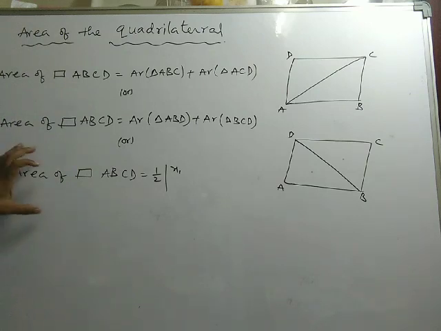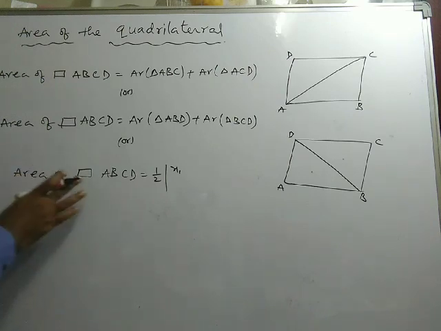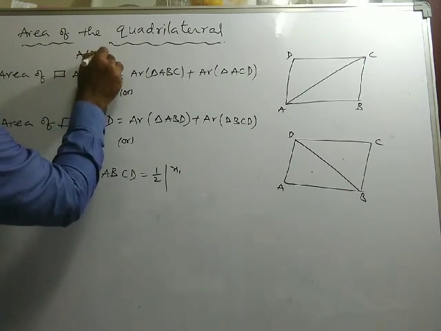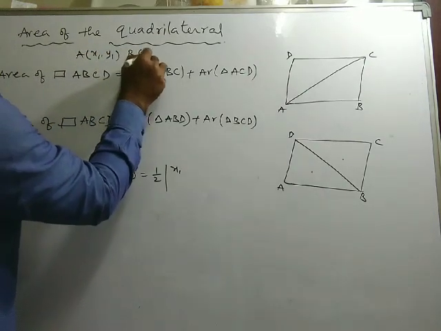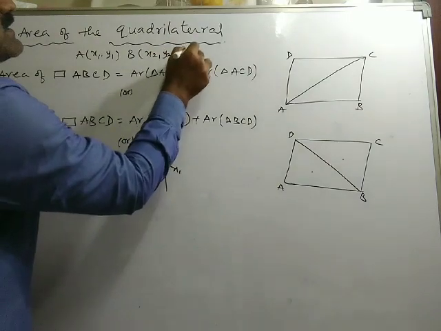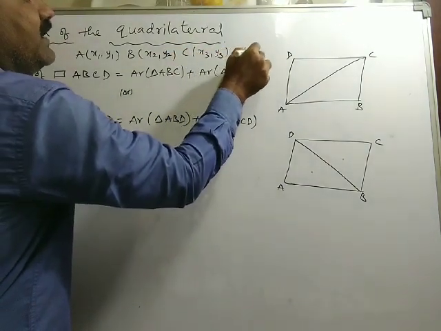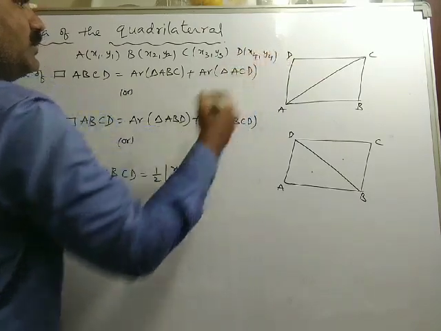If not, we can also find it by using the last method, that is the cross multiplication method. For the area of quadrilateral ABCD, A is (x1, y1), B is (x2, y2), C is (x3, y3) and finally D is (x4, y4), 4 points.